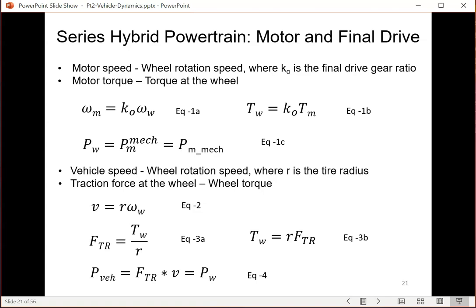And the traction force comes from the wheels. It comes from the torque delivered through the gear set from the motor to the wheels. If the total torque of the two wheels equals TW, then dividing TW by the radius gives you the traction force.